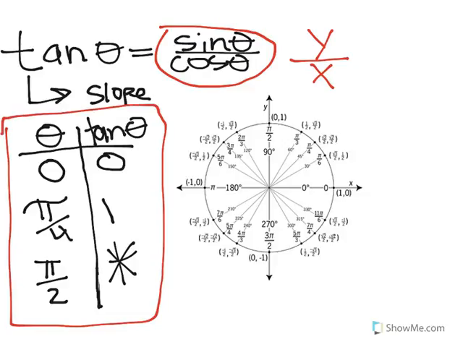First off, when theta is equal to 0, that means that it is right here on the unit circle. And as you can see, the y coordinate of that point right there is 0. So 0 divided by anything is just going to be 0. So the tangent of theta right there is going to be 0.